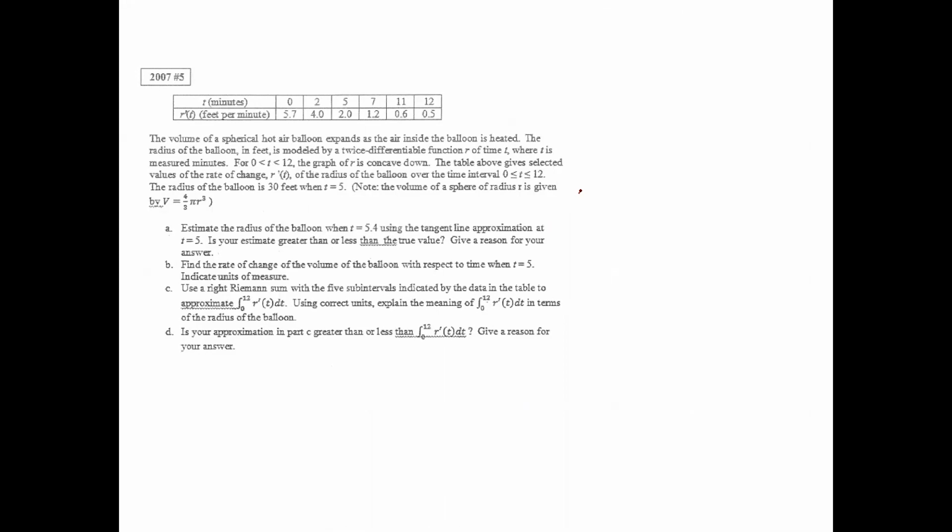So as I'm looking at this, I'm going to have t be the x value and r of t be the y value. And you have time and radius. I know from the example that the radius of the balloon is 30 feet when t equals 5.